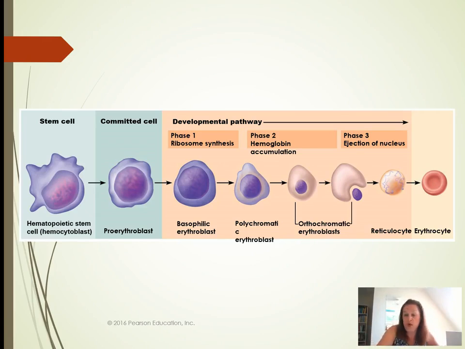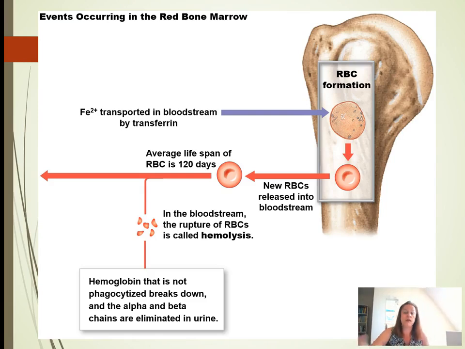Now, we don't want to make blood all the time, right? We want to make blood only when we need it. So there's a hormone called erythropoietin, which is called EPO. And EPO is produced mostly by the kidneys, and it's triggered by a variety of things. The body can create red blood cells under a number of conditions, usually due to low oxygen.